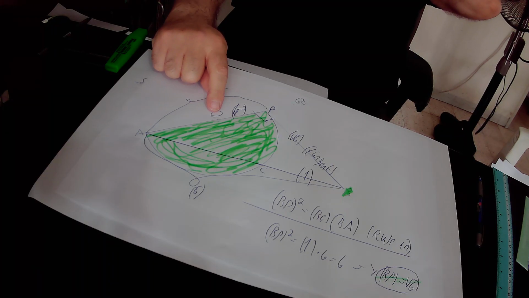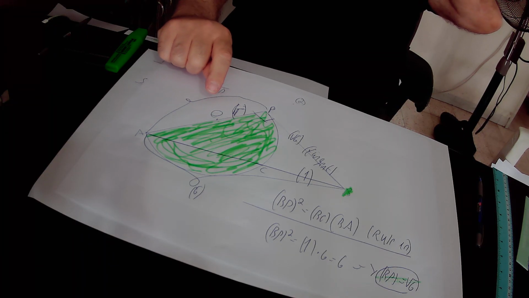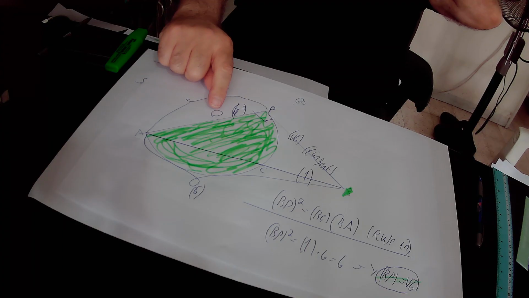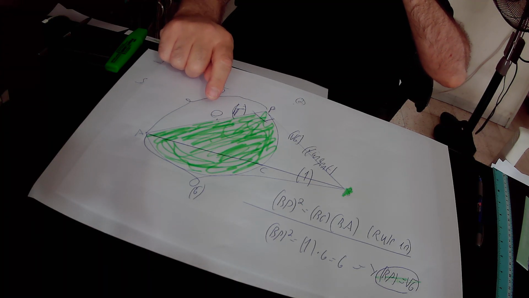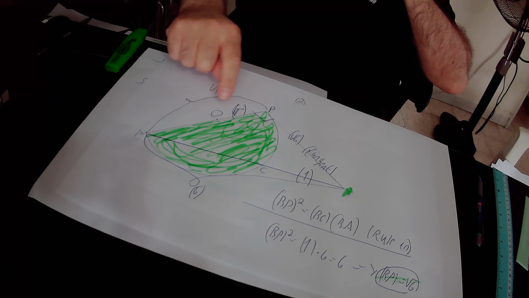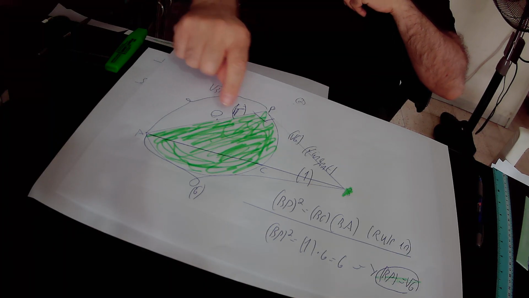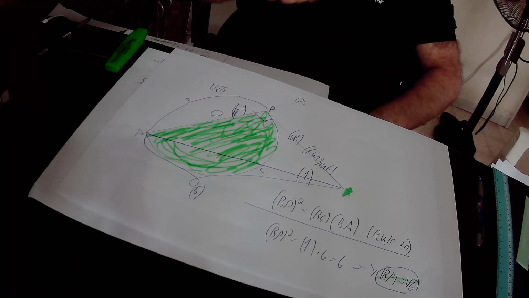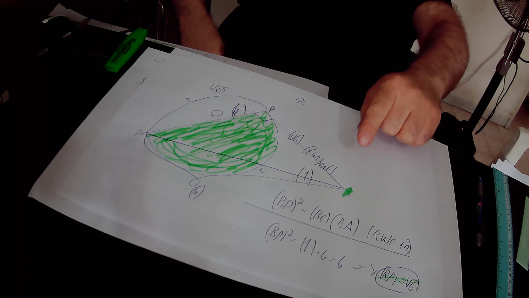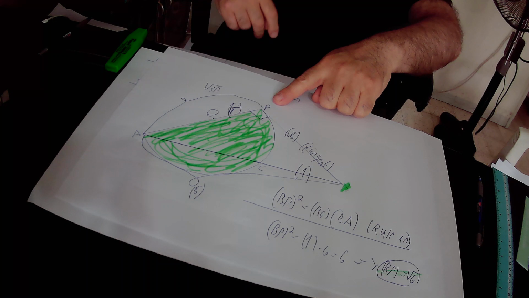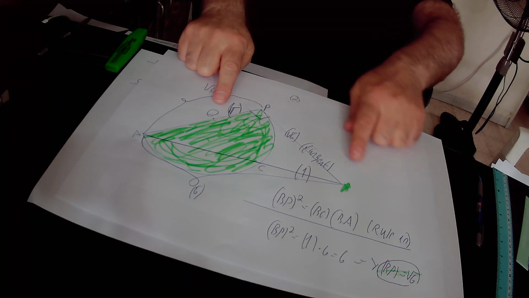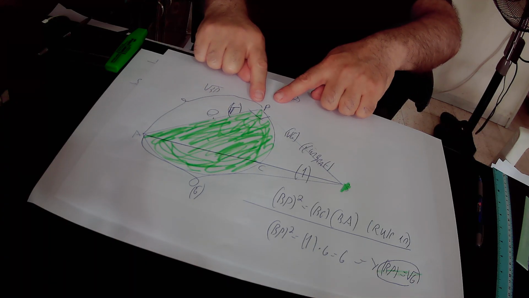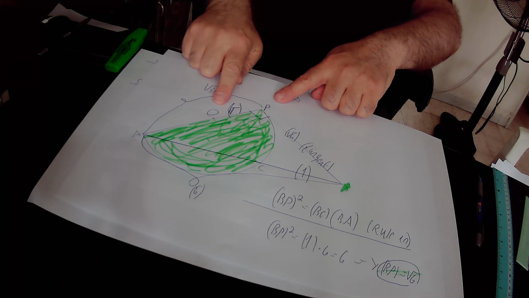We define the center of this green semicircle as point O. If point O is the center, it means that PO is the radius of this green semicircle, so we define the radius as R. So in the drawing we have line segment BP perpendicular to PO, the radius of this green semicircle, that is equal to R.